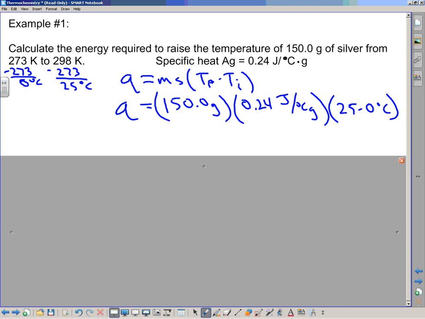And that will equal our Q. Unit-wise, grams and grams cancel out, degrees Celsius and degrees Celsius cancel out. So Q is going to have a unit of joules. Yeah, this is the part where you pull out your calculator and start plugging away.